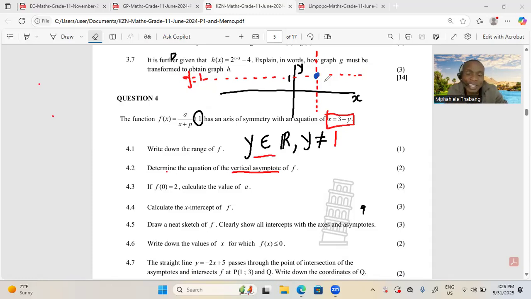So I have a straight line, which is called the axis of symmetry. This axis of symmetry passes through the intersection of the asymptotes. And you still remember this equation of the axis of symmetry, they are saying x equals 3 minus y.